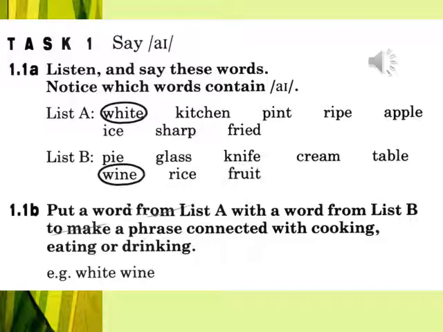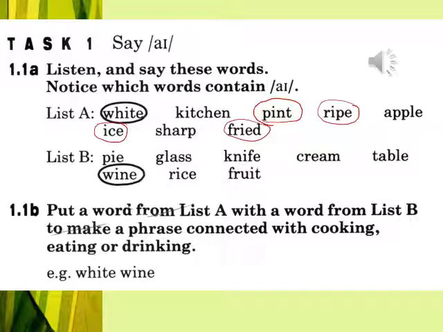Okay. Which words contain diphthong /aɪ/? White and wine are already circled as examples. In list A, which other words did you find? Pint, ripe, ice, fried.